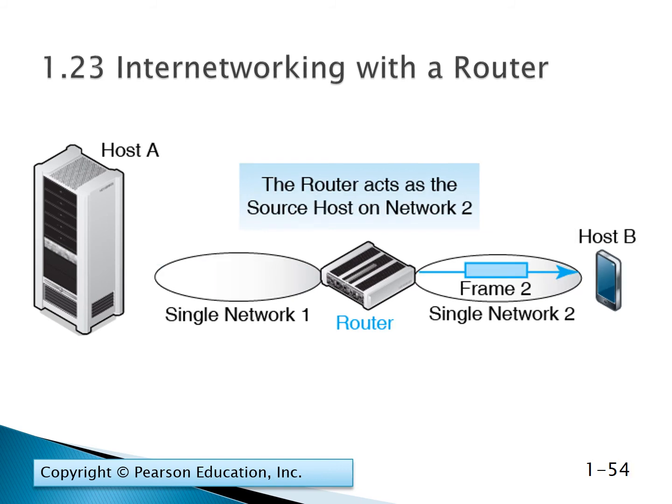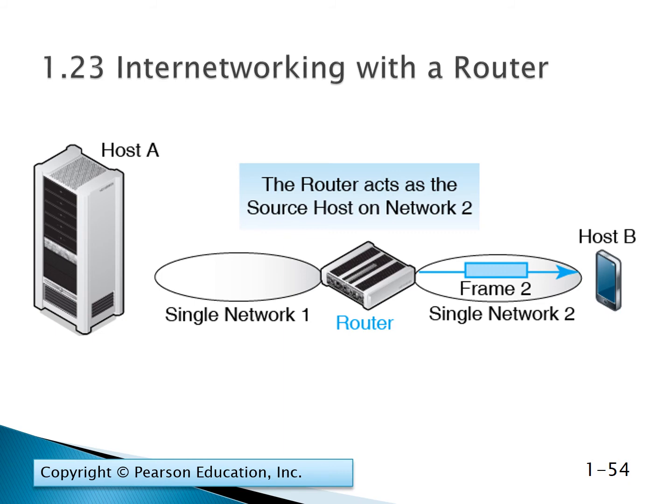After the router receives the message from host A, it will also act as the source host on network 2, the second network. It will take the message, frame 1 from host A as in the previous slide, and take care of the conversion.